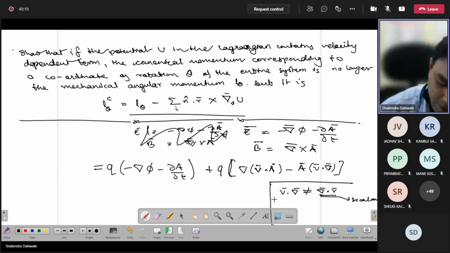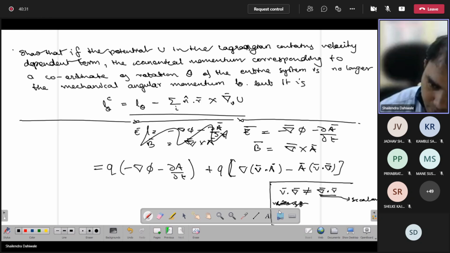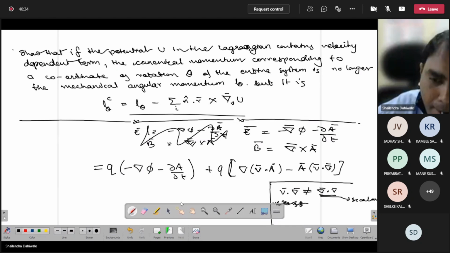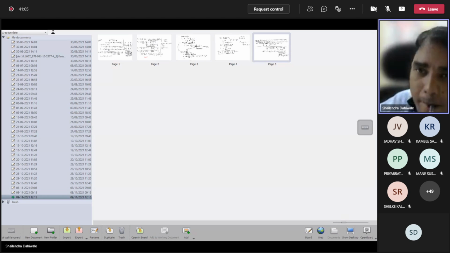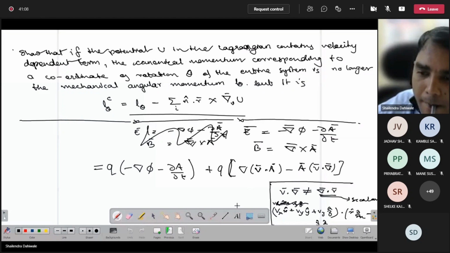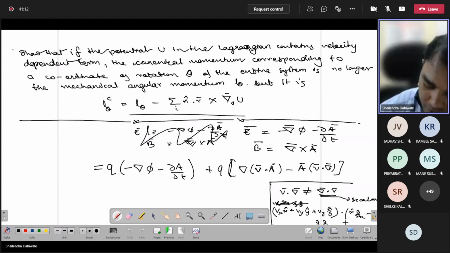If I write this in separate form, that will give me Vx into x cap plus Vy into y cap plus Vz into z cap, dotted with x cap del x plus y cap del y plus z cap del z.